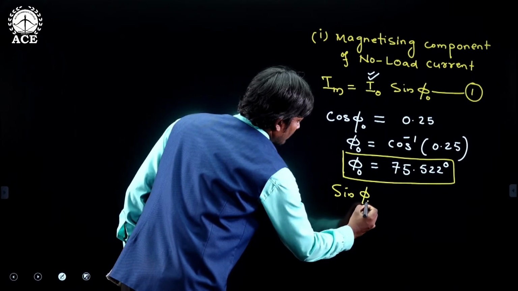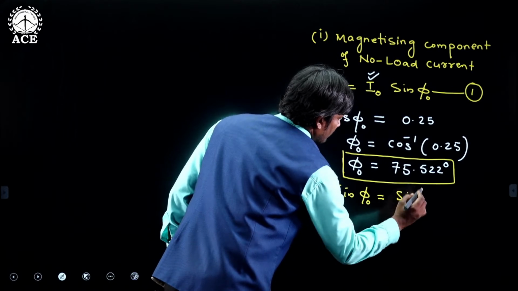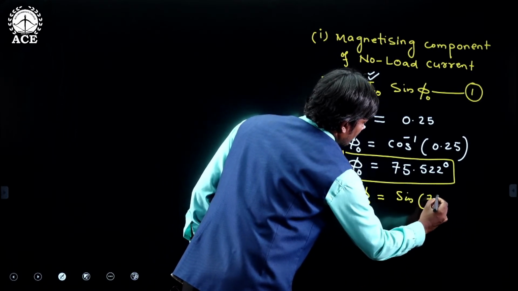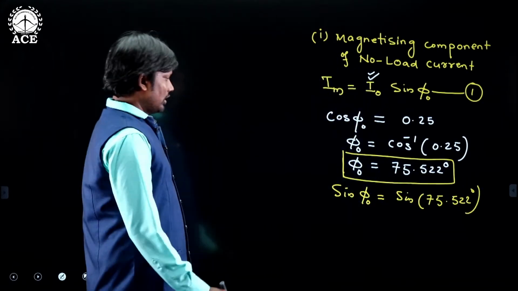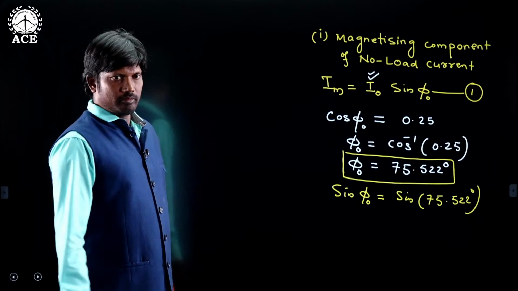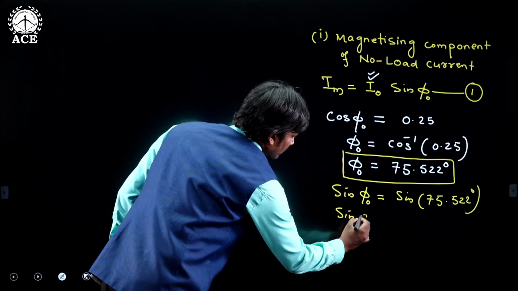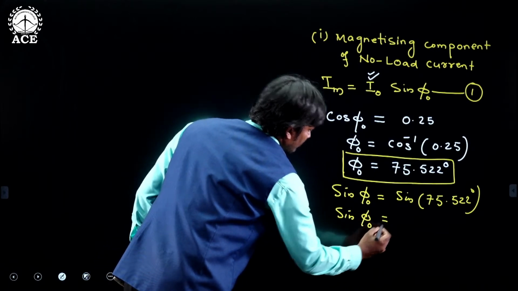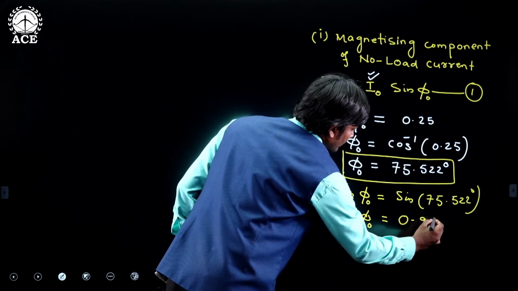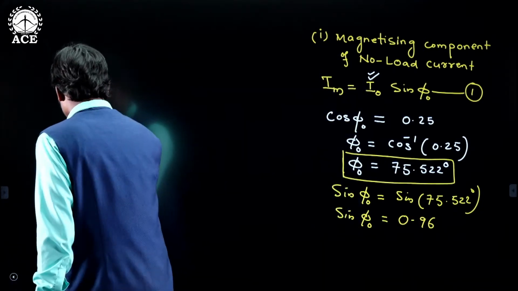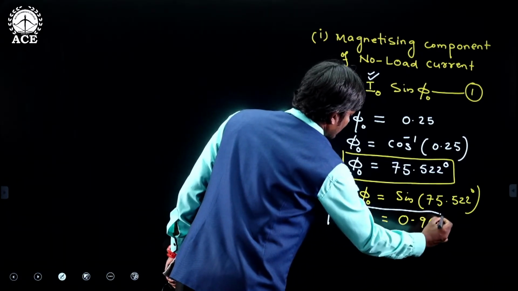Sin phi naught is equal to sine of 75.522 degrees, and it will come 0.96.